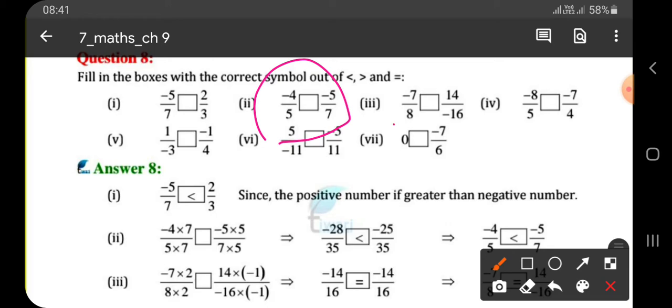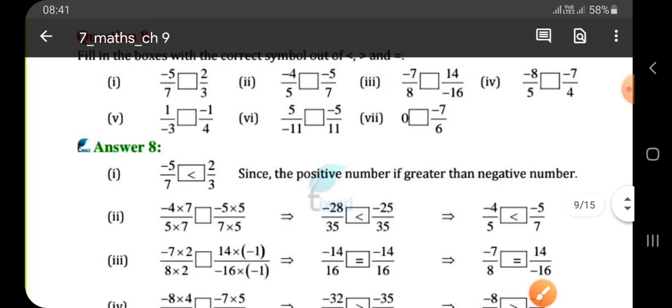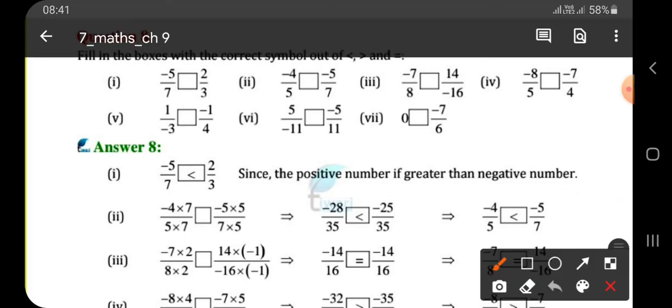The next one, minus 7 upon 8 and 14 upon minus 16. This minus 16 you can write with the numerator, that is with the 14. Find out the LCM. The LCM is 16. Here 8 and minus 16 is given, so this will be plus 16 and here you put the minus sign.